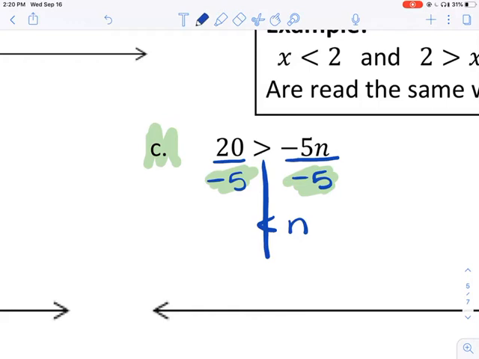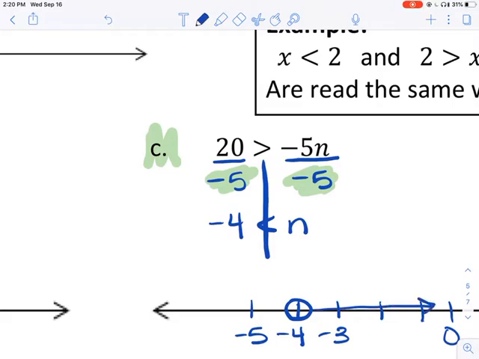This shouldn't be 20. This should be -4. Now I'm going to graph it. That's it. You just need to flop the direction. So I'll circle my -4, and then n is greater than because it's on the bigger side of that sign. So I'll draw an arrow to the right.